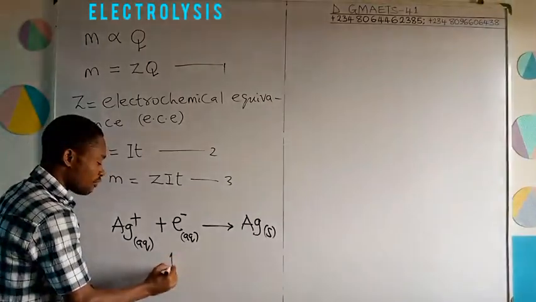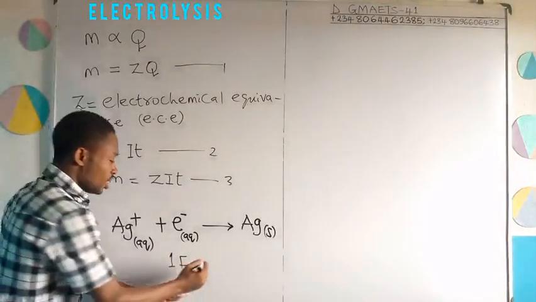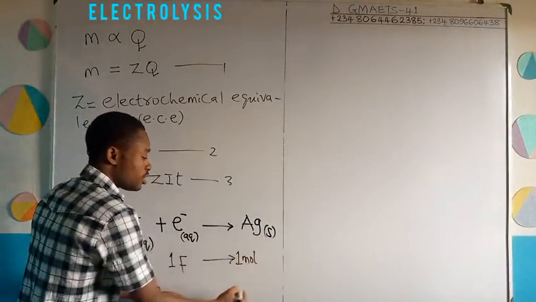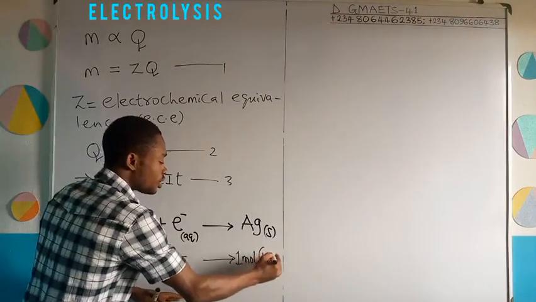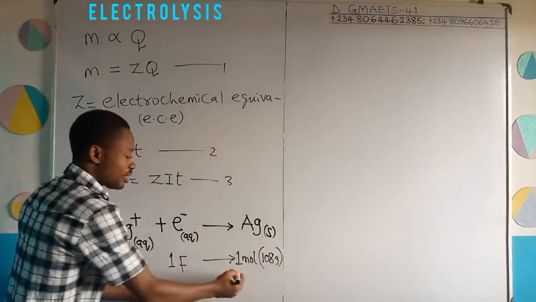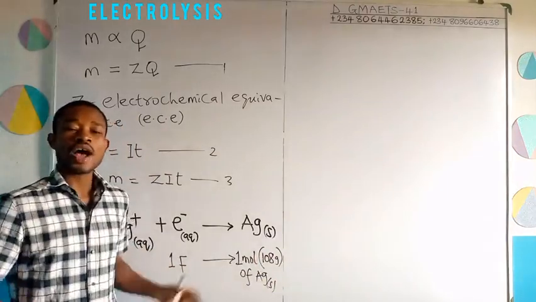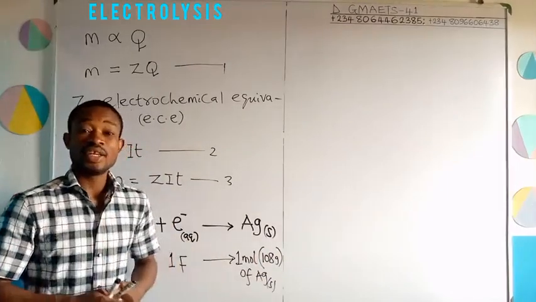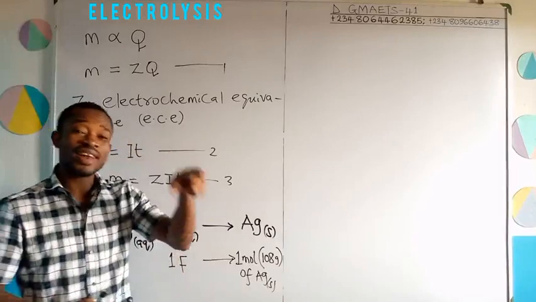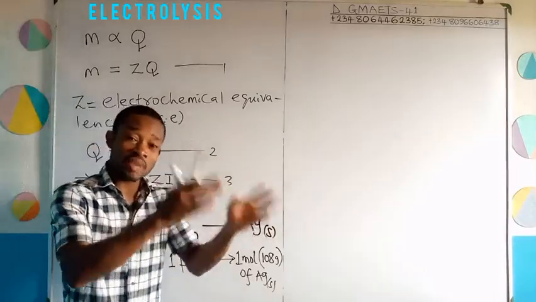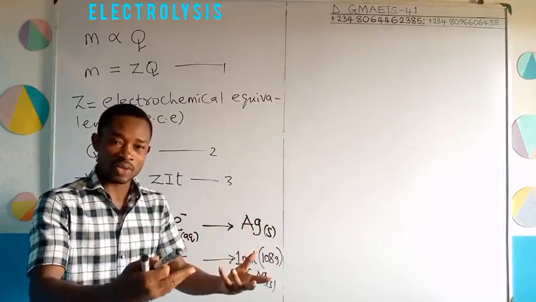So I will write that 1 Faraday, 1F, is equivalent to 1 mole of silver. And 1 mole of silver is 108, so I'll put it in brackets: 108 grams of silver metal. Are you following? So this is a standard. Any univalent ion that is being electrolyzed to deposit that metal, if it's a positive metal, are you following?